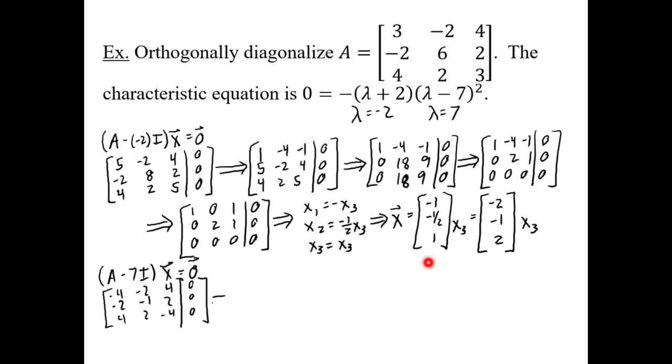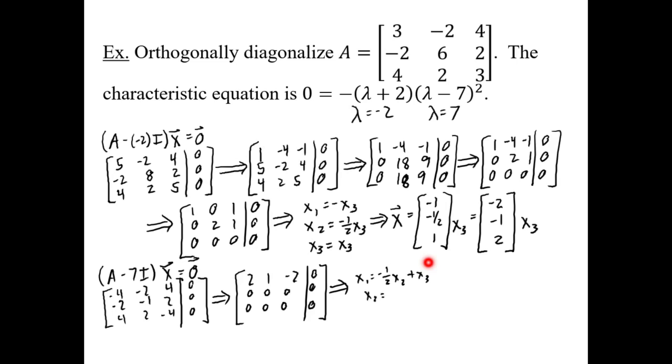They're all multiples of each other, so I can rearrange this a little bit. And so I'm getting, let's see here, 2, 1, -2, 0, and I'll make all the rest of them zeros. And so I get that x1 is equal to -1/2 x2 plus x3. x2 is itself, x3 is itself.